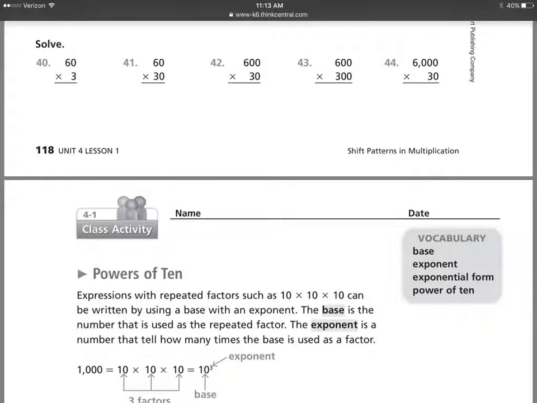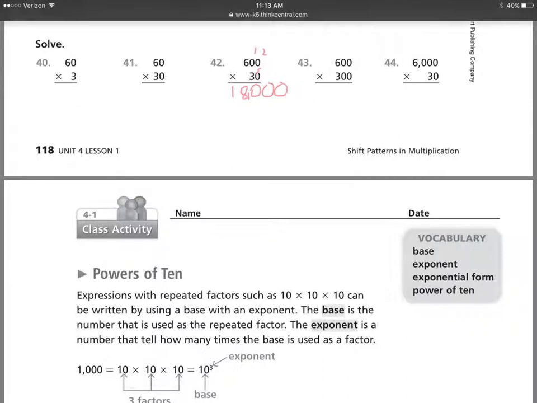So I will do just one for you, one of the more difficult ones. We'll do 42. 42 would be 6 times 3, which is 18. And then there are 1, 2, 3 zeros. And you'll see that I'm counting all zeros in both numbers. That is necessary.